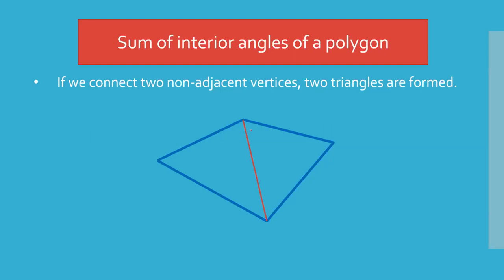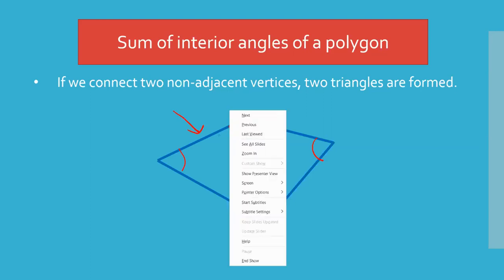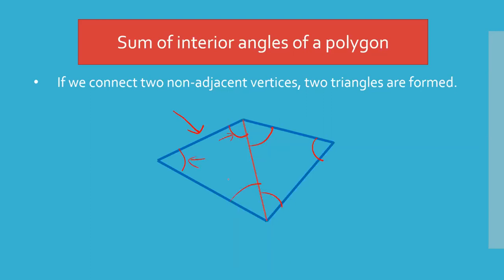So now that we have two triangles, we see that the sum of all of the angles that we're looking for is the sum of all of these smaller angles. Ryan is saying that's perfect. We have this triangle here: this one plus this one plus this one gives us 180 degrees.